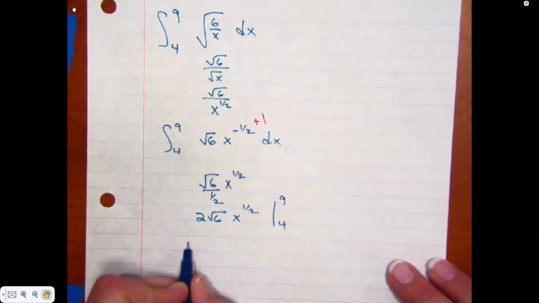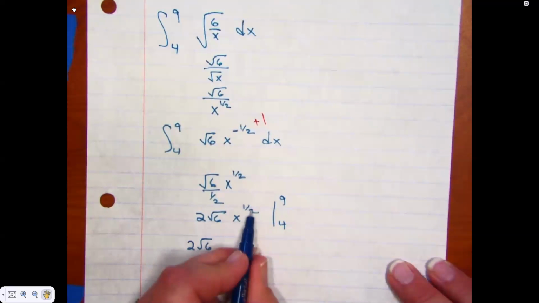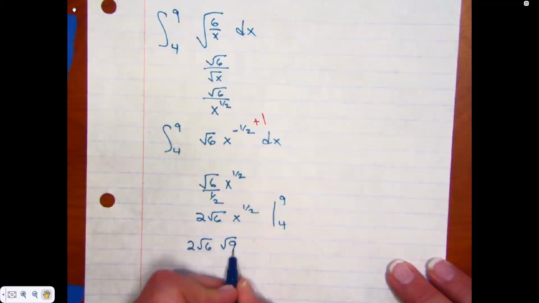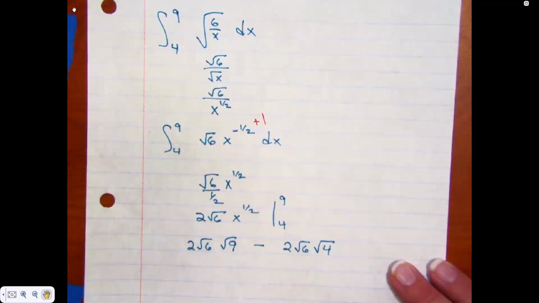All right, so now I got 2 square root of 6, and then remember 1/2 means square root, so square root of 9, minus, and then I do it all over again, 2 square root of 6, and then I plug in a 4. The square root of 9 is 3, so I can multiply the 2 and the 3, and this is 6 root 6.